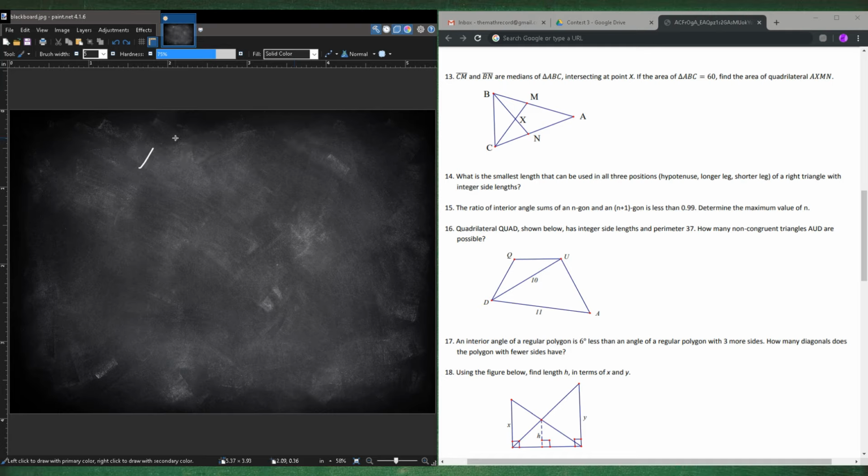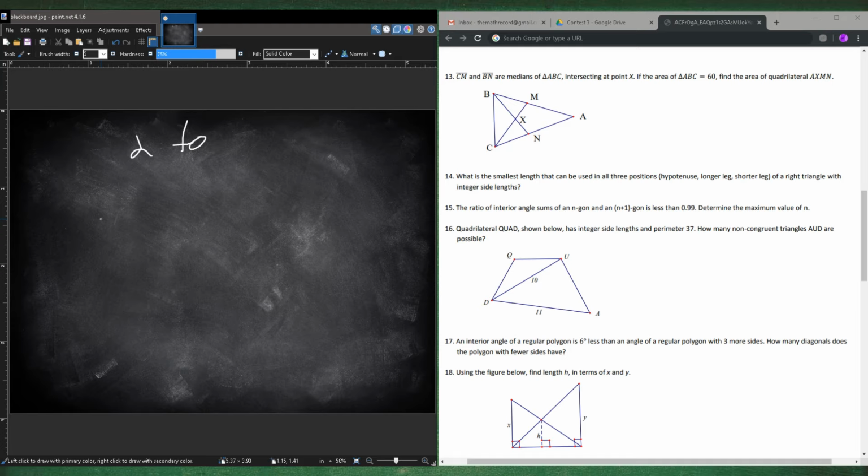So we know that so far. So it goes from 2 to some number. Since it's perimeter 37 for QUAD, let's say UD is the biggest length out of QU and QD in triangle QUD. Two of the smaller side lengths have to add up to greater than the larger side length.